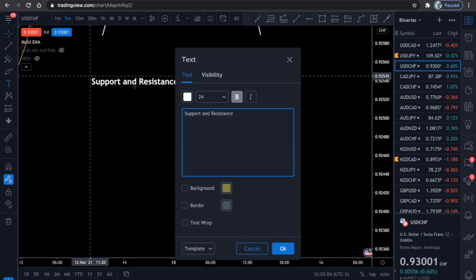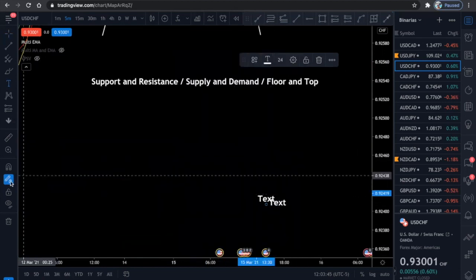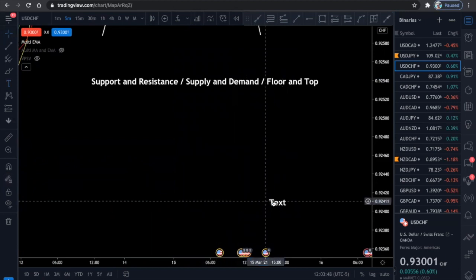They also call it supply and demand, or they also call it a floor and top. Let's call it floor and top.